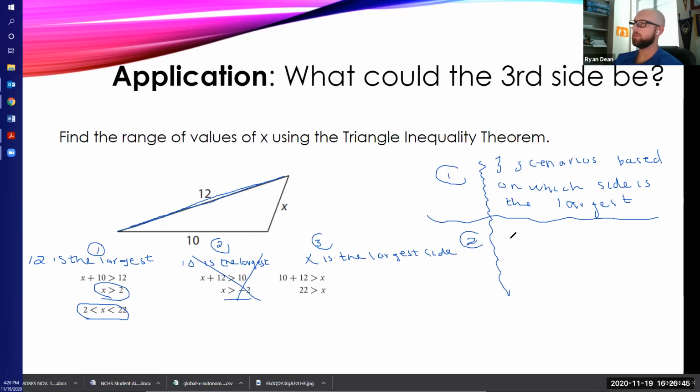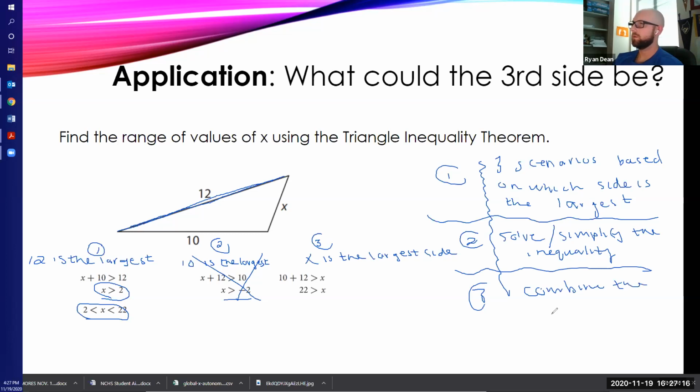And then the second step would be to solve, I guess we could say simplify, the inequality. And then the third step would be to combine the inequalities that make sense together.